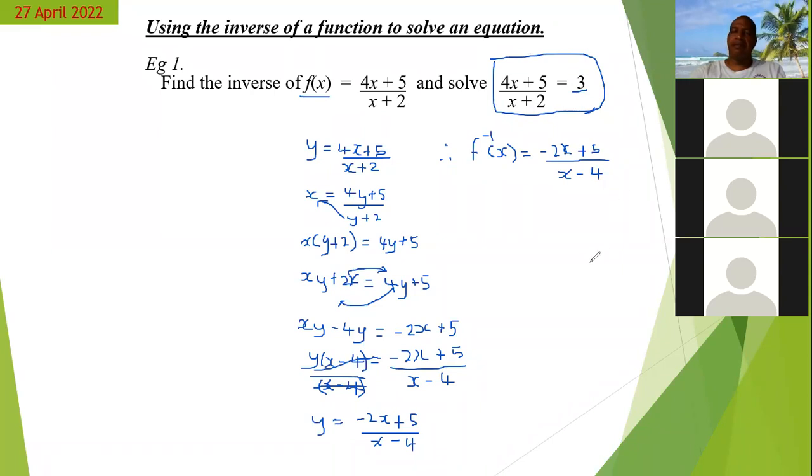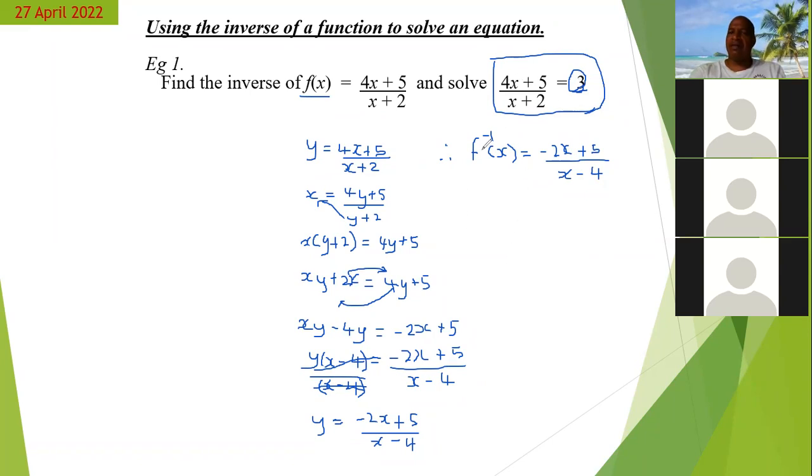This 3 is a y value. But remember, your inverse function takes the output, the y value, and you plug it in the function where x is, and whatever you get when you calculate will be the solution to x.